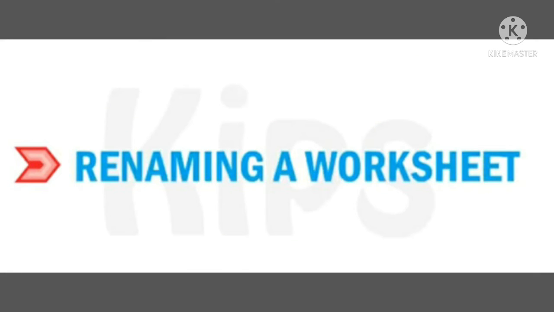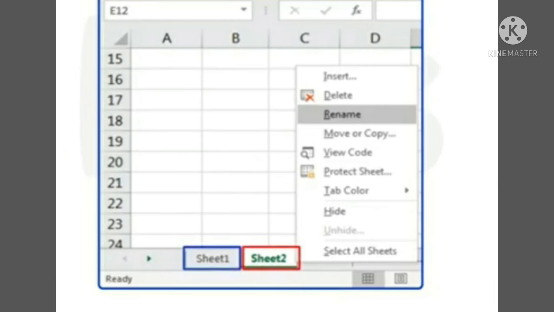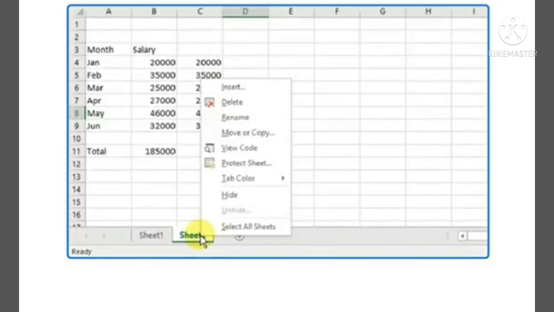Children, our next topic is renaming a worksheet. So you know by default the worksheets in a workbook are named Sheet 1, Sheet 2 and so on. If you want to change that name, you can rename it. So let's see. First you have to right click on Sheet 2 because we are going to rename it.